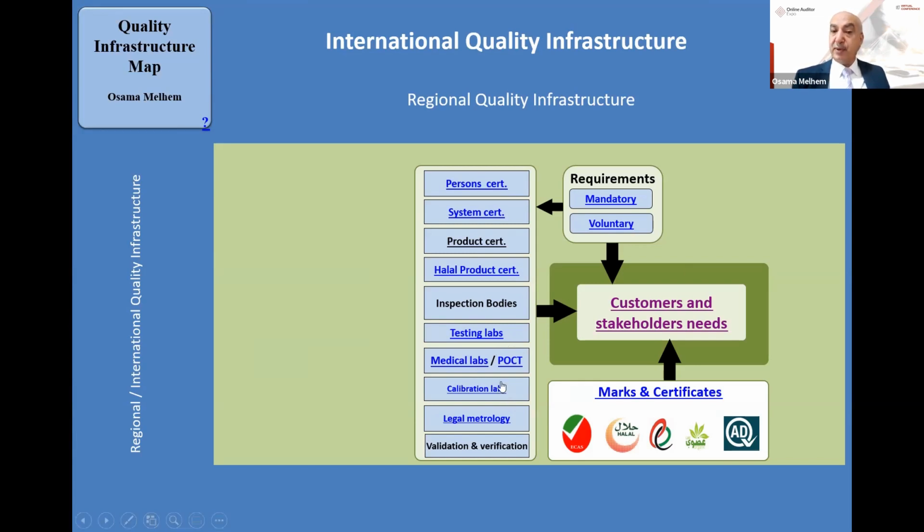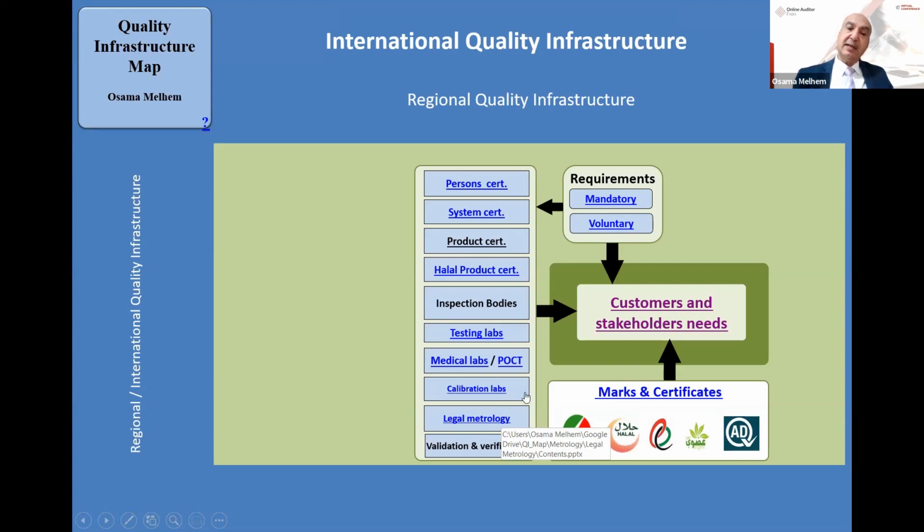You also have calibration labs, to check the deviation, the bias of our measuring instruments from the standard measuring instruments with specified uncertainties, and also to achieve traceability to national or international measurement standards. Another kind of conformity assessment bodies, called CABs, and when I say CAB, it means conformity assessment bodies.